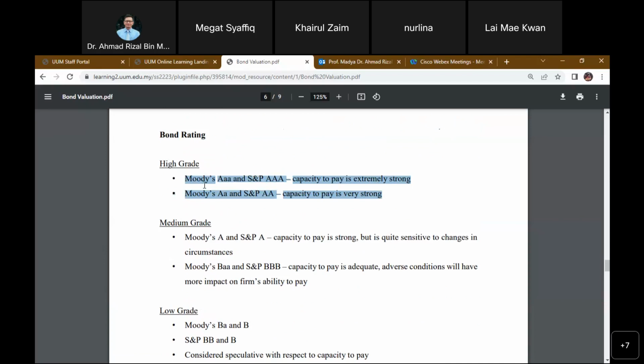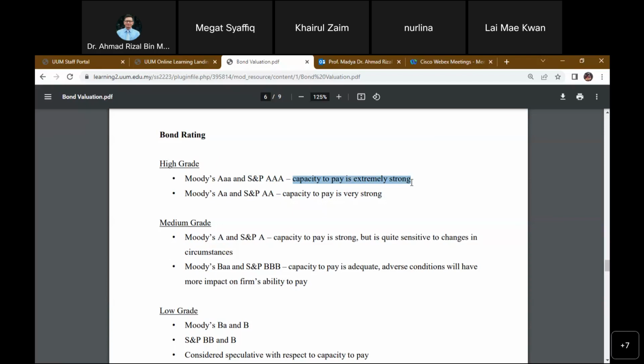You will still get investors interested because your capacity to pay is extremely strong. This is a sure investment. Okay, they will surely, 100%, get the coupon payment every period from you. And also they want to benefit from your financial standing, being a bondholder of a strong financial standing company.